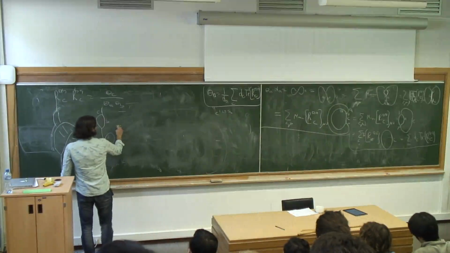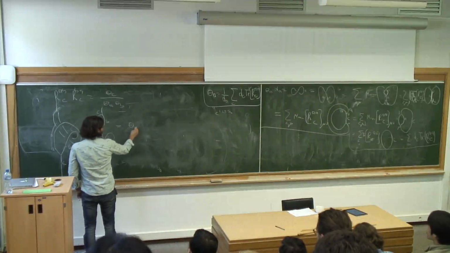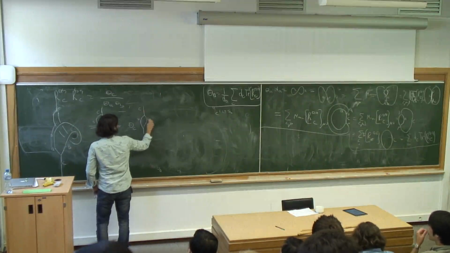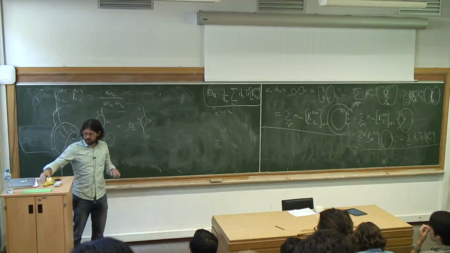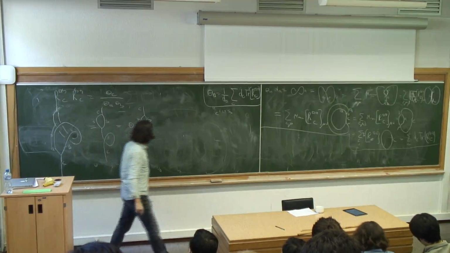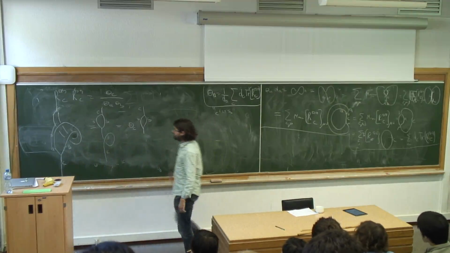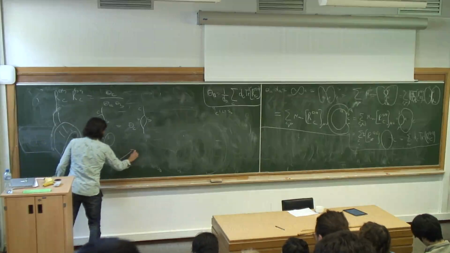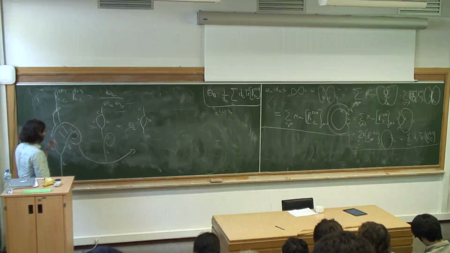This is particle C. So this is theta_C times this. That's one way of expressing it. The other way of expressing it is by doing nothing of the sort that I did before.